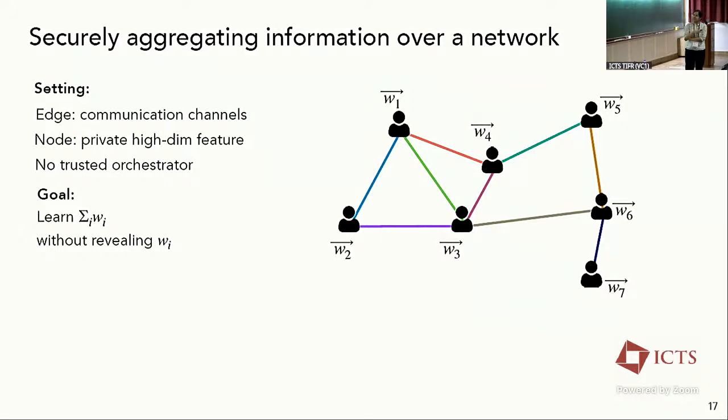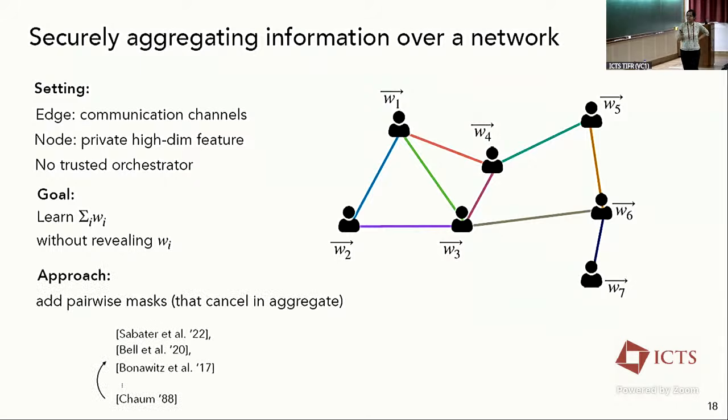And the edge here is the presence of a secure communication channel. I'm abstracting out how that might be constructed, but there are many ways to do that. And there is no real central authority trying to orchestrate the process, for instance, if the goal is to learn just the aggregate sum or average.